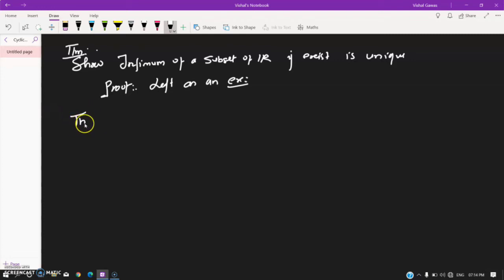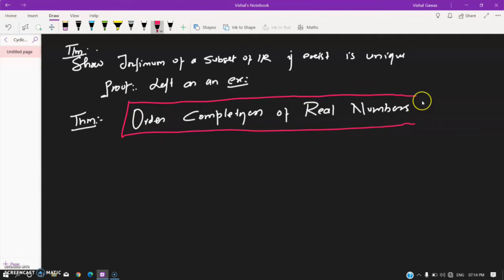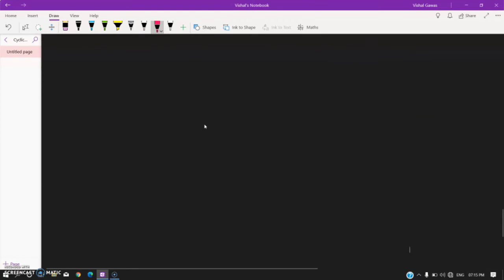Let's look at the next result. Call this the order completeness of real numbers. Okay. The special name is order completeness of real numbers. Let's put it in a bracket. Let's look at both the ideas.